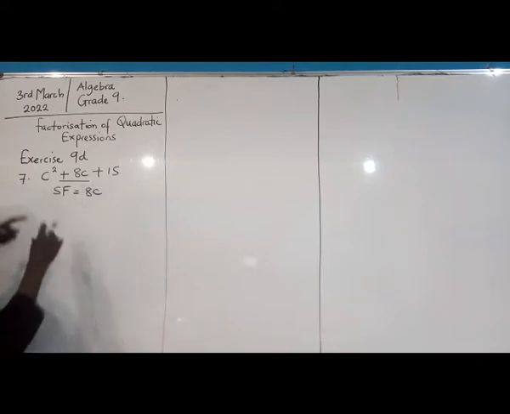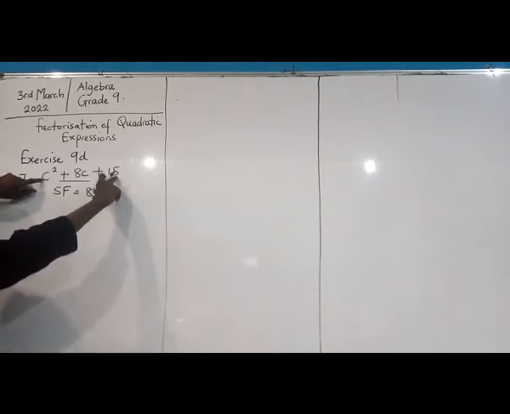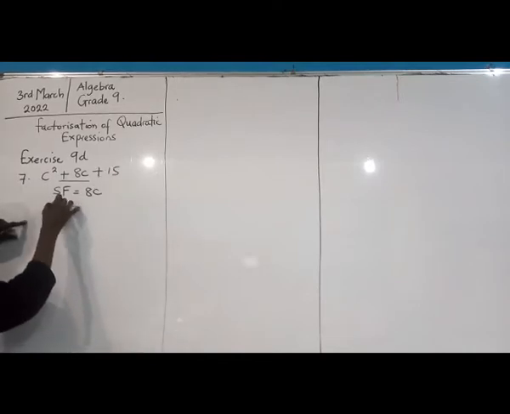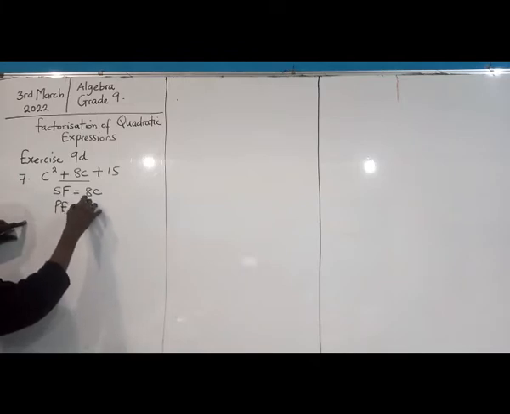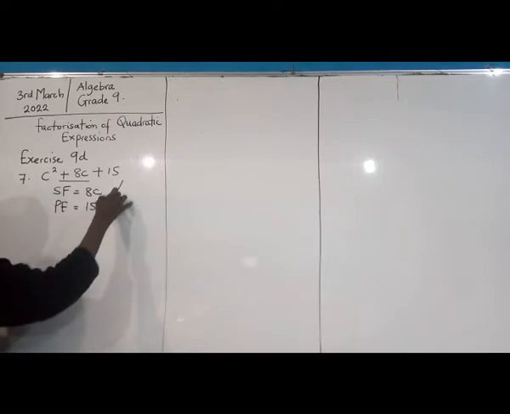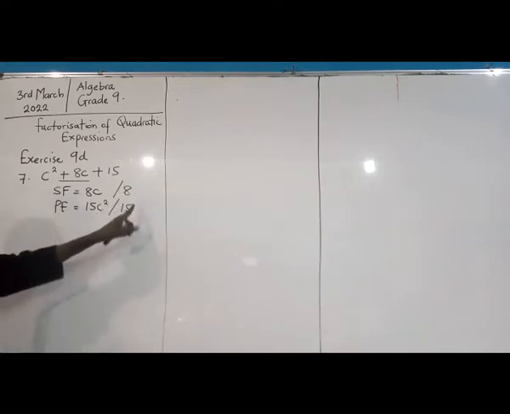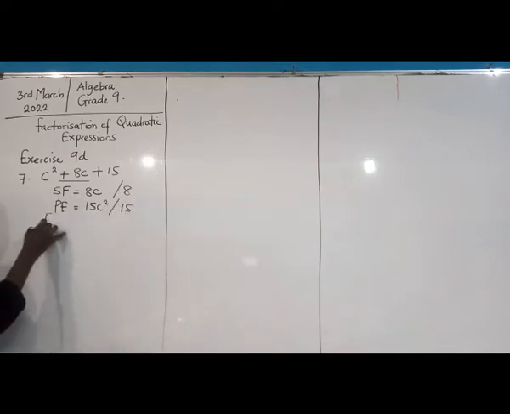The product of factors is gotten by multiplying the first and the last terms, and that will be 15c squared. But like I also tell my students, you really don't need to bother so much about the c. Just focus on the number. 8 and 15. Now, we're going to look at the factors.